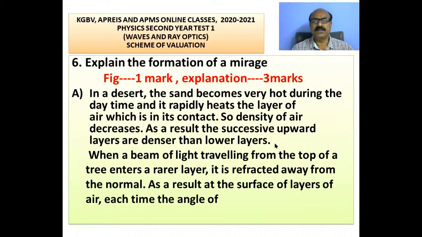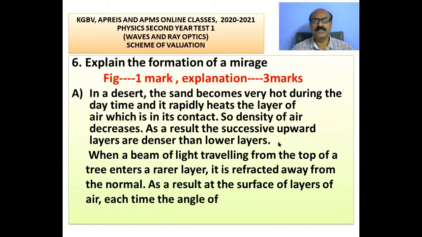See what is happening here? The layer connected to the earth or ground or sand or road will be heated up more, and the top layers will be with less heat. So there are different densities of layers. The top layers have more density, and the bottom layers which are connected to the sand or earth or road have less density.